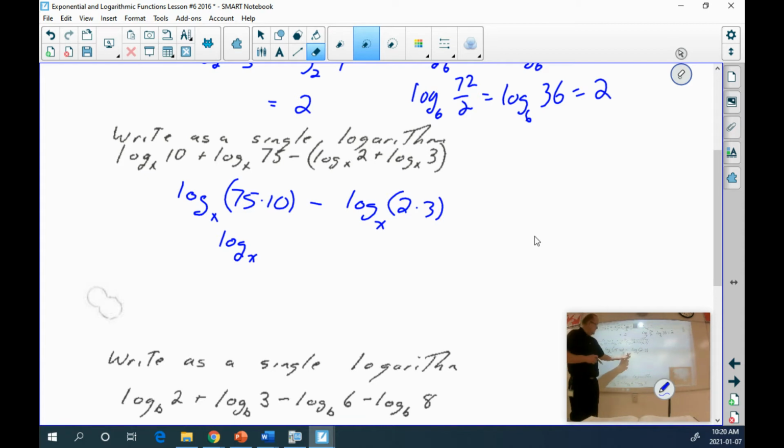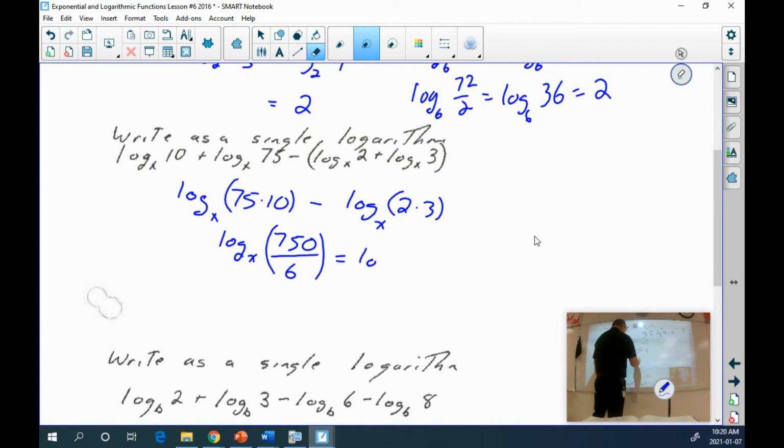Now I have the difference of 2 logarithms. That can be simplified down to the logarithm of the quotient of those 2 arguments. So we end up with log base x of 125. So that statement above reduces down to log base x of 125.